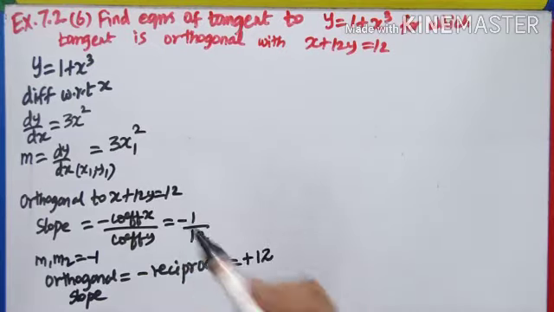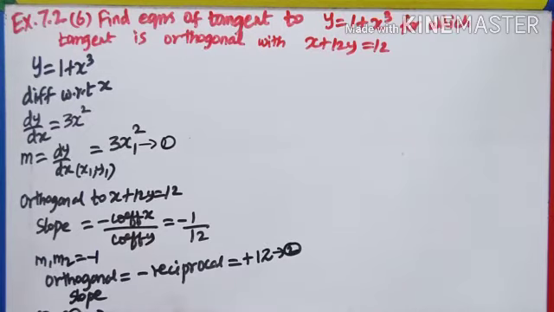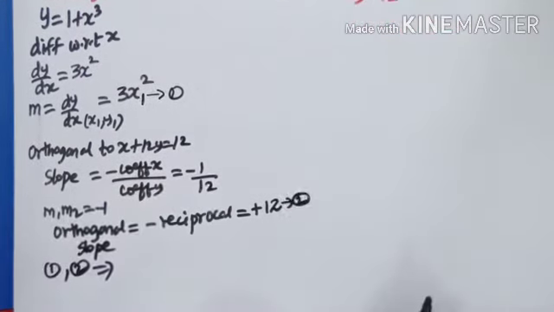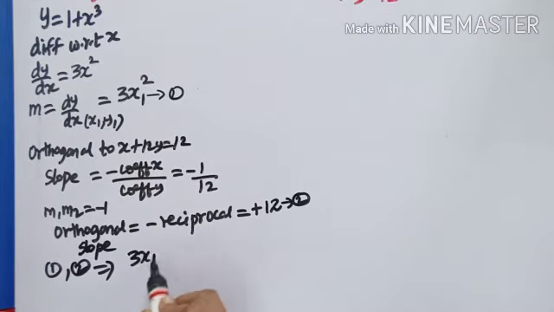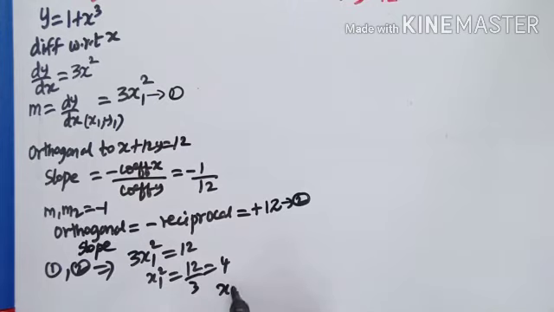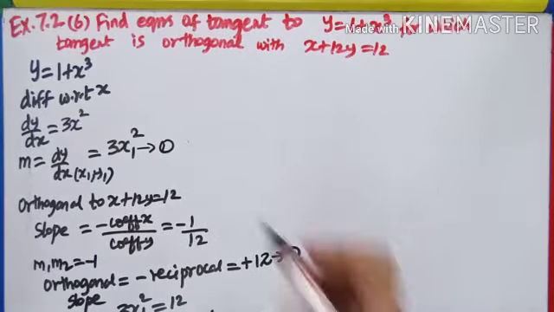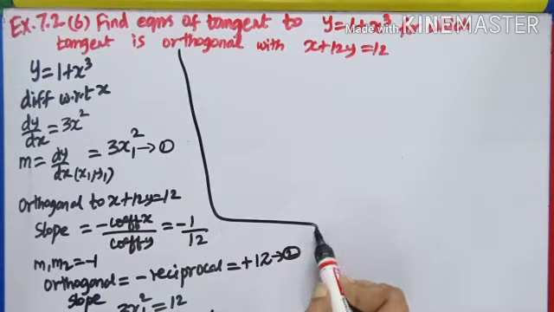Compare both the slopes. Call this as number 1 and call this as number 2. 1 comma 2 implies 3x1 square equals to 12, or x1 square is 12 by 3, that is 4, x1 equal to plus or minus 2. Once I know x value, put them back in the equation of the curve.